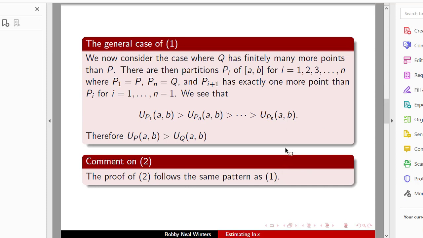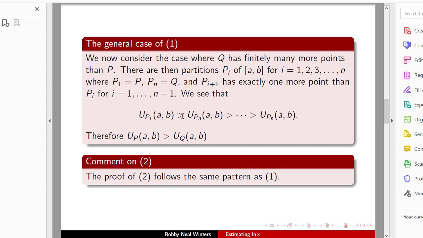Now the general case is where Q has finitely many more points than P. Then there are partitions P sub i of [a, b] for i equal 1 to n, where P sub 1 is P and P sub n is Q. So we can build up our partitions one point at a time from P to Q, such that P sub i plus 1 has exactly one more point than P sub i.